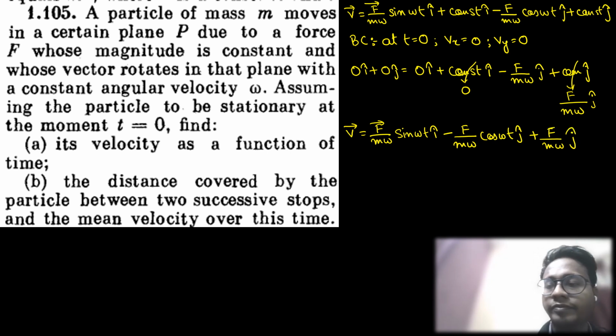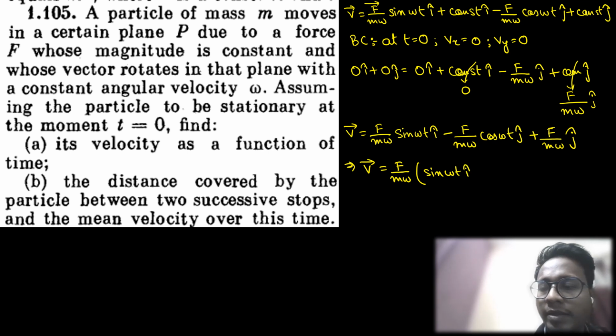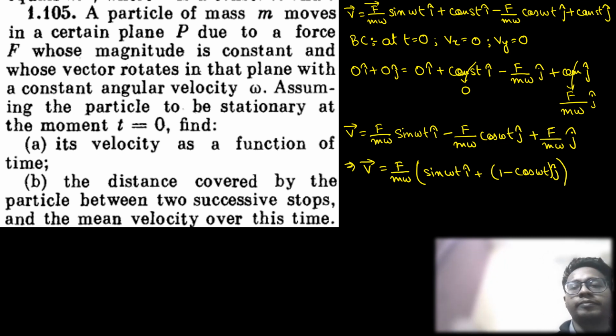If I take f by m omega common, there's no need of doing vectors here. So v vector is equal to f by m omega, sin omega t i plus (1 minus cos omega t) j. This is the function of velocity with respect to time.